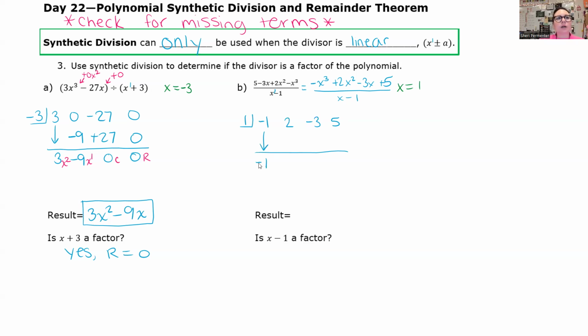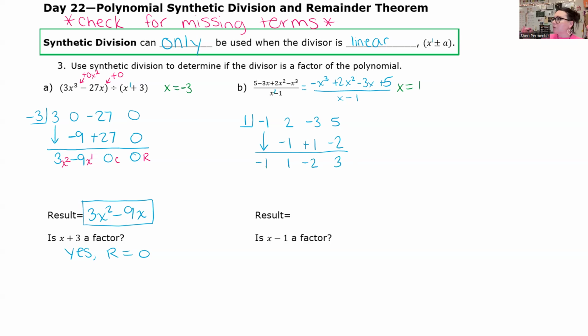So I get negative 1 times 1, so I get negative 1. 2 minus 1 is 1. 1 times 1 is 1. Negative 3 plus 1 is negative 2. And then negative 2 times 1 is negative 2. 5 minus 2 is 3.